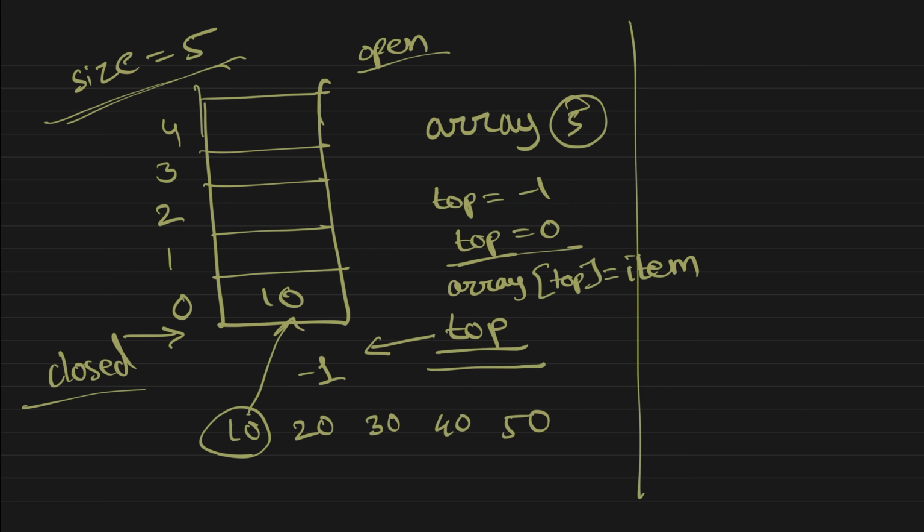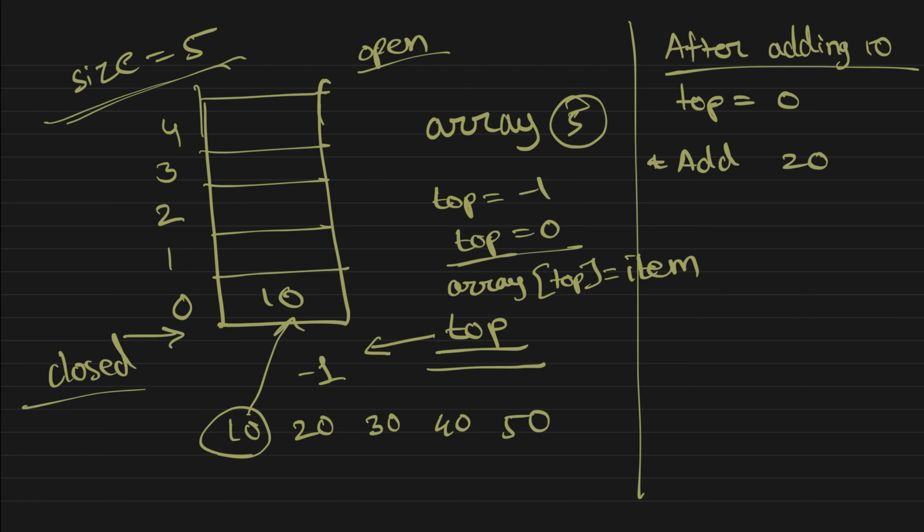Okay, so now after adding 10, let's say I want to add 20. Now the value of top is what? 0. So after adding 10, my top is 0. Okay, so now let's say I want to add 20.